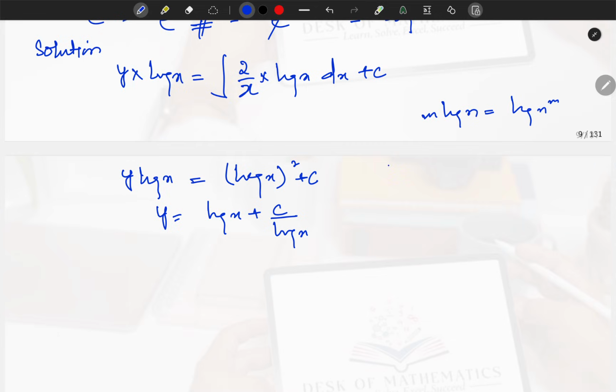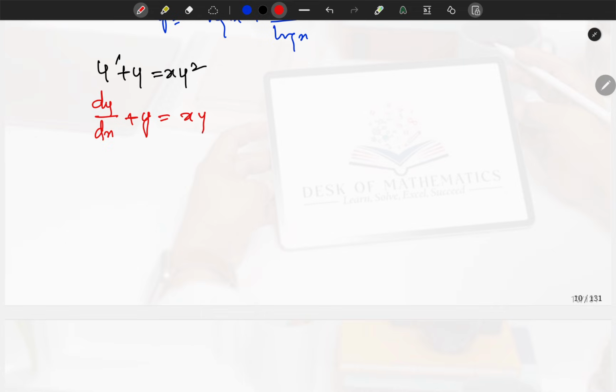Okay, in this they may ask you for the Bernoulli's type, meaning they will give you y dash plus y is equal to xy square, or you can write it this way: dy upon dx plus y is equal to xy square.